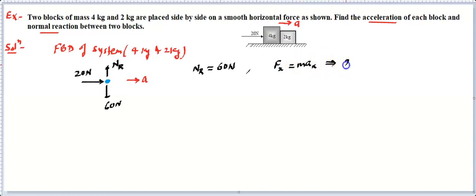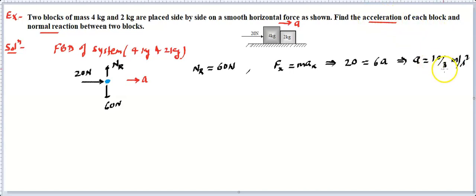That is 20 Newton, the only force acting, because this is a single body, so these are internal forces. This is equal to the total mass, 4 plus 2, that is 6, into A. From here you can find the value of A: 20 by 6, that is 10 by 3 meter per second square. So the first part is done, that is the acceleration of each block.